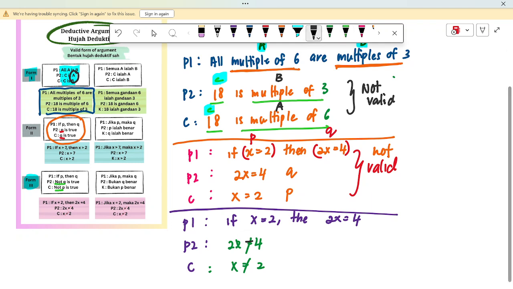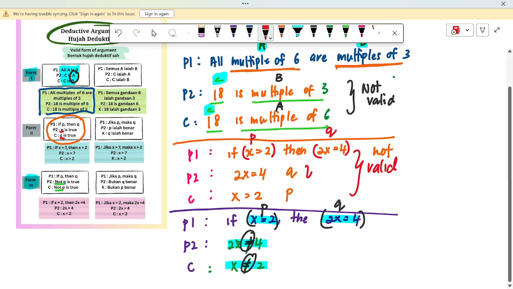So if they had added the word not, this is your P and this is your Q. So if they had added the word not equals to, then we need to write our Q first, only then our P. We have to switch their position if this is in the form of negation, not equals to, or not. 2x is not 4, x is not 2.